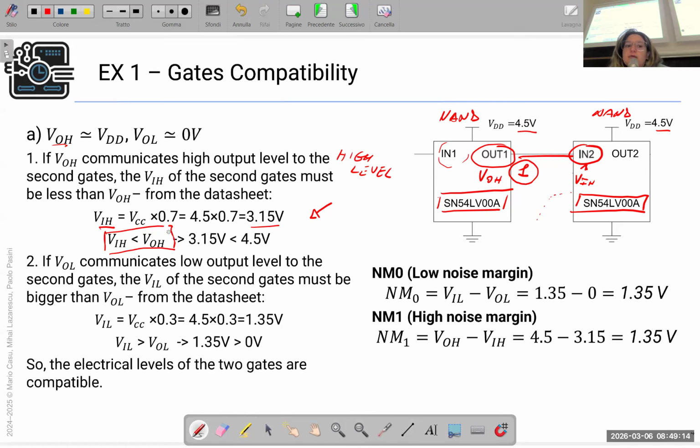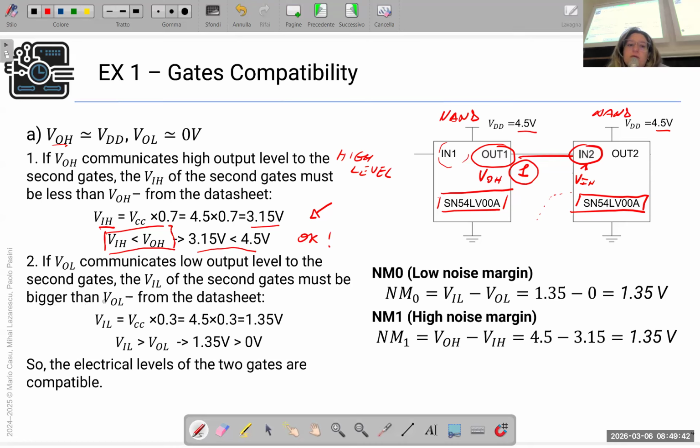If VIH is higher than this, the gate can't read 1. It's 0 for it. So in this case, we have 3.15 volts and 4.5 volts, and so it's minor, and the compatibility is okay.